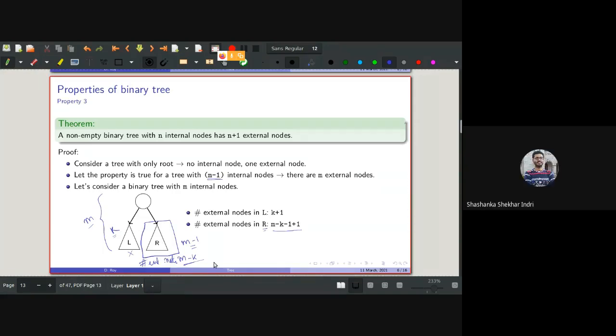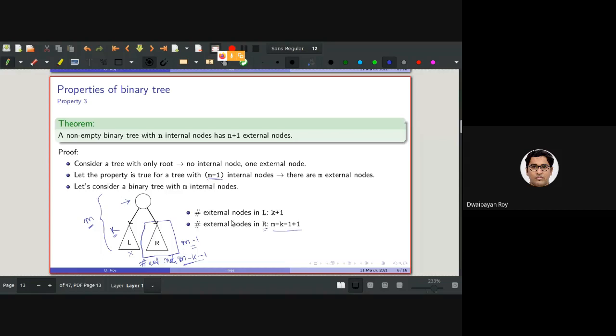Exactly, I am not subtracting the root. Altogether there are m internal nodes, one of them is the root. So the number of internal nodes in the two subtrees is m minus 1. I am assuming that in the left subtree there are k internal nodes, so altogether there will be m minus k minus 1 internal nodes in the right subtree.